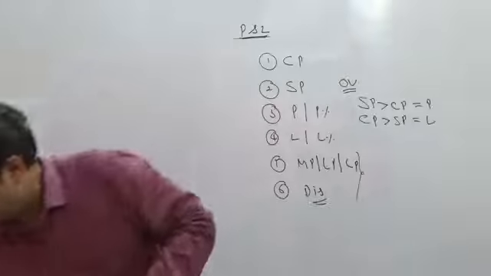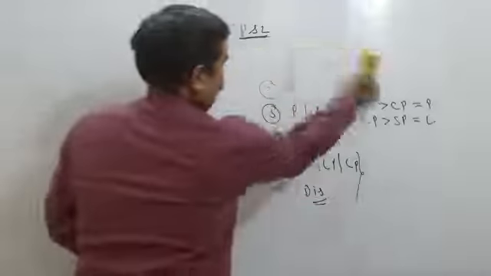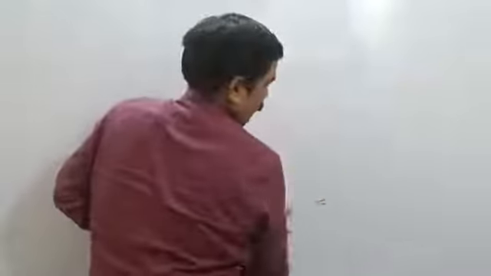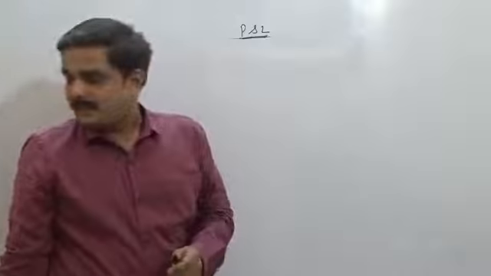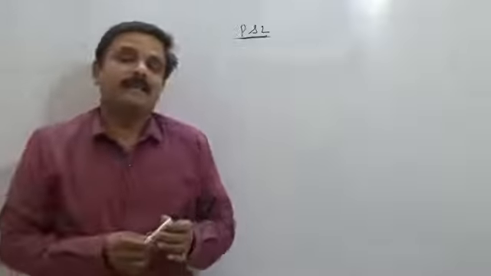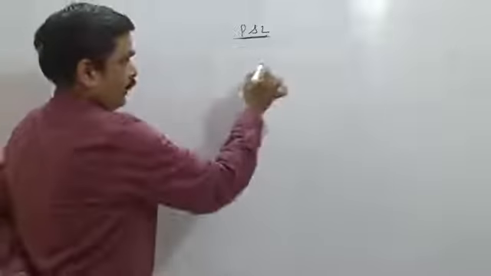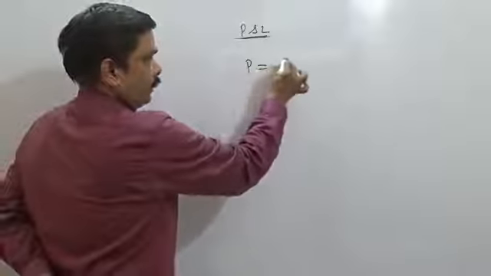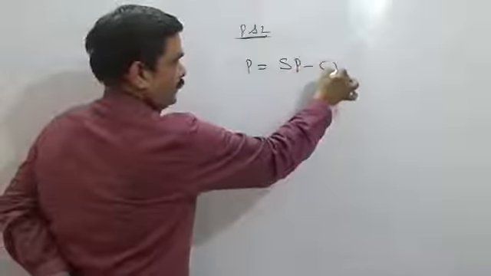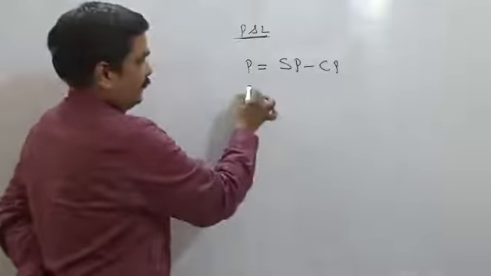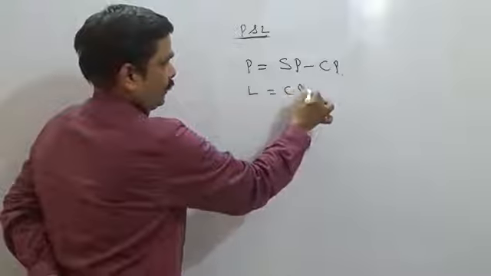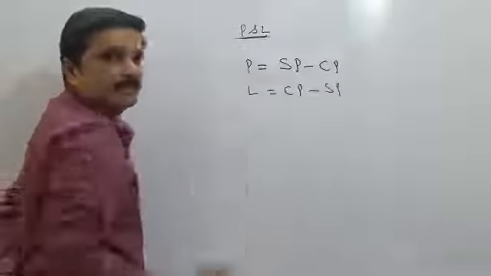The first thing here is how to get the profit. As I have given you here, when selling price is more and cost price is less, in that case we get a profit. So profit is equal to selling price minus cost price, whereas loss is equal to cost price minus selling price.